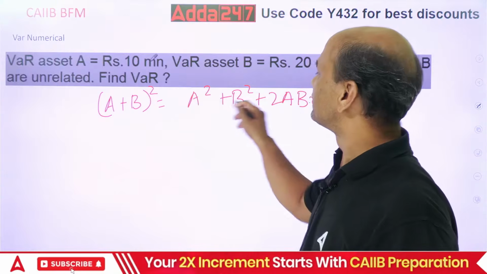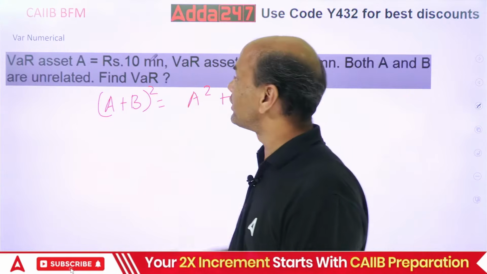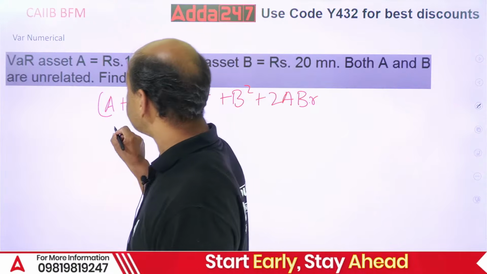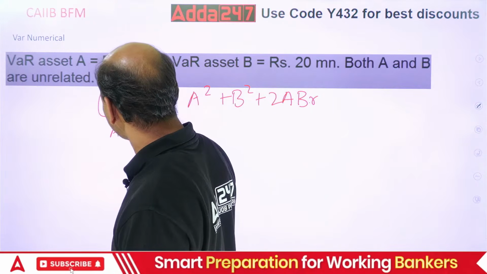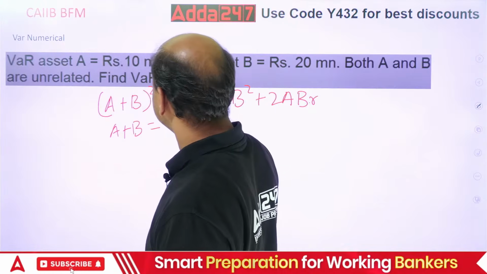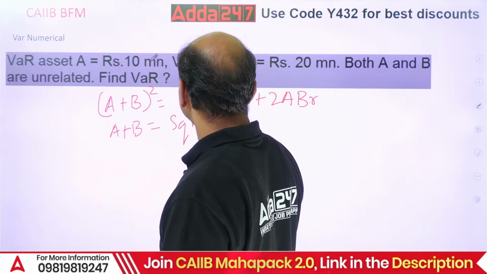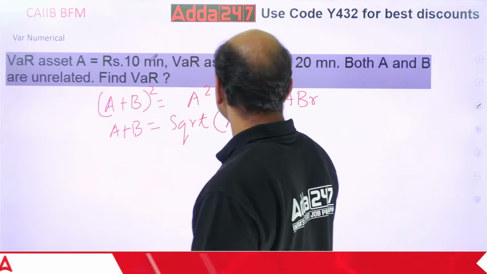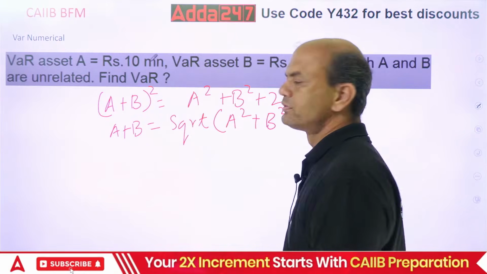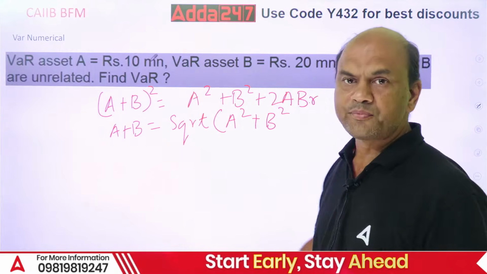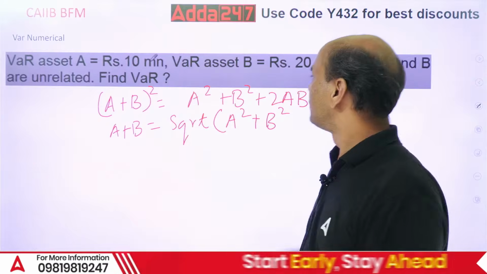So A plus B the whole square is this. But what do we want? We want a combined VAR. So A plus B equals square root of A square plus B square plus 2AB into R. What is given?